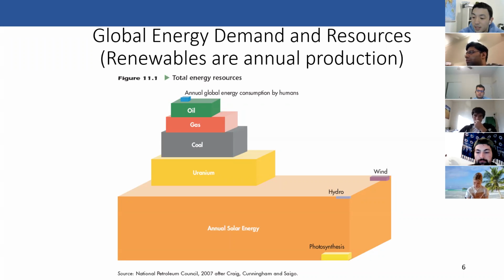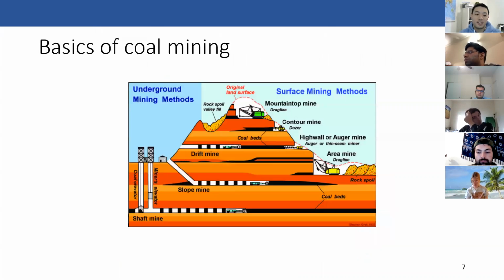Okay, so let's talk a little bit about the process for fuel extraction, basics of coal mining. There are a number of different types of mines, and this is a nice little graphic showing underground mining methods versus surface mining methods.